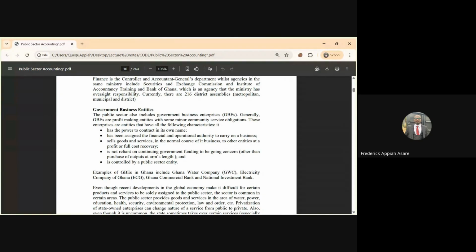And usually these are the characteristics. One, they have power to contract in their own name, though it's for the government. BCG can enter into a contract in its name. Ghana Water Company can enter into a contract in its name. Ghana Commercial Bank can enter into a contract in its name.